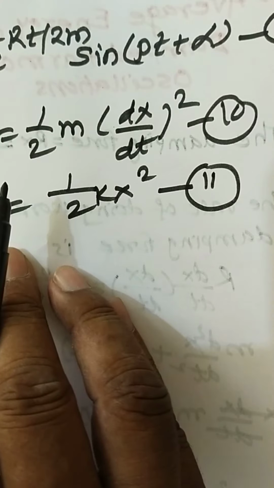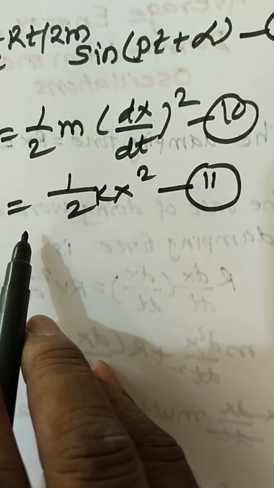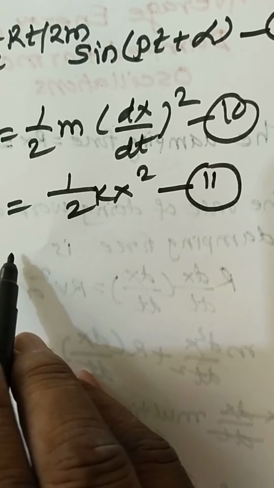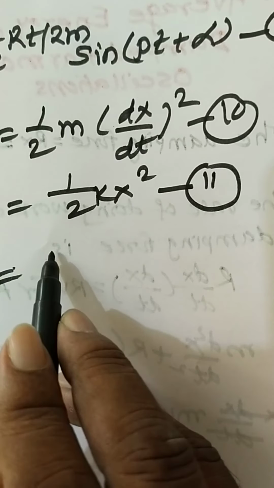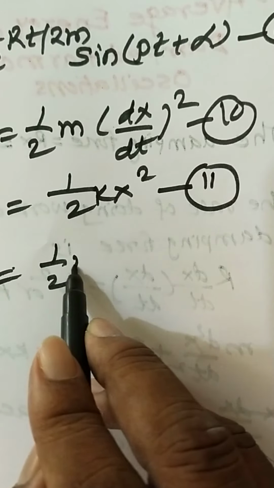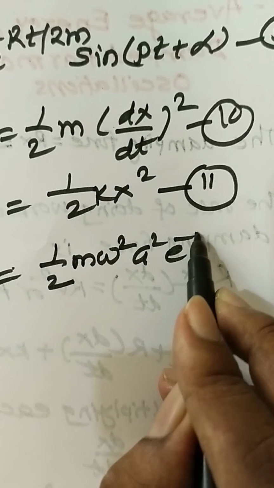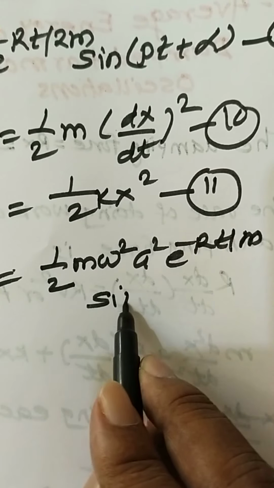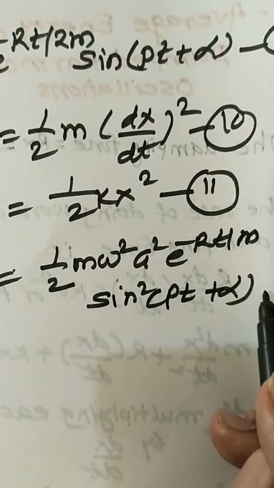So here Ek plus Ep, and here Ep is equal to 1/2 m omega squared A squared e raised to minus Rt upon m sine squared(pt plus alpha). This is equation number 12.